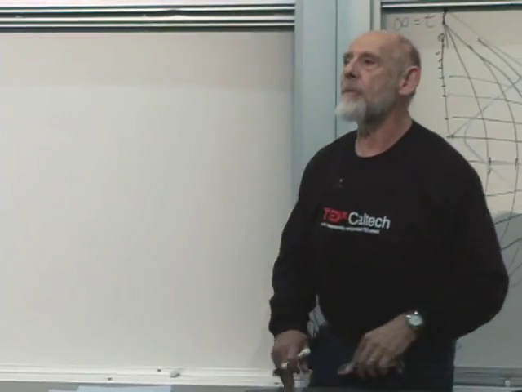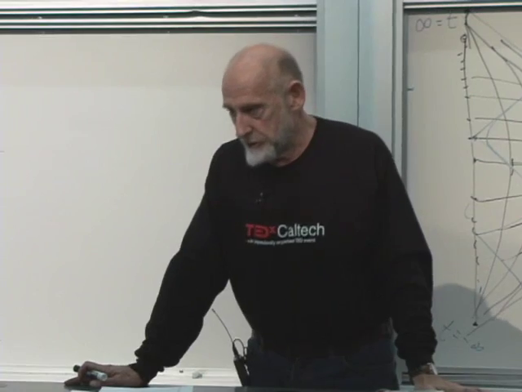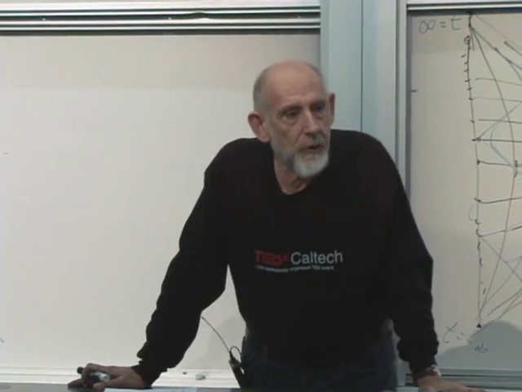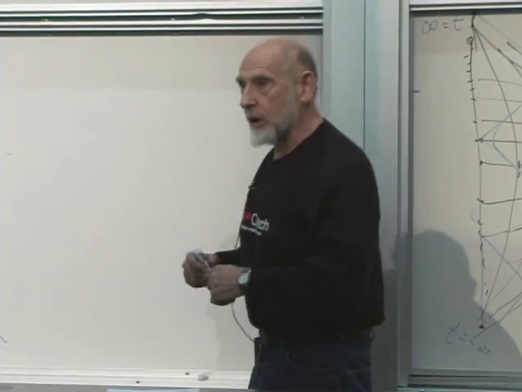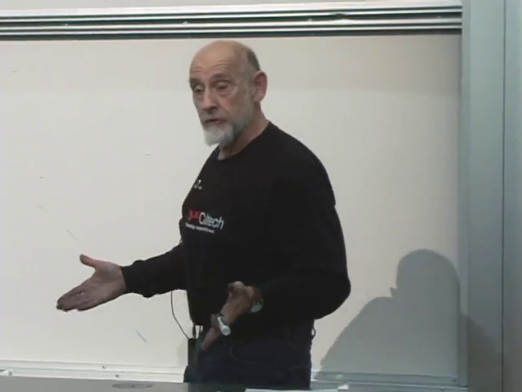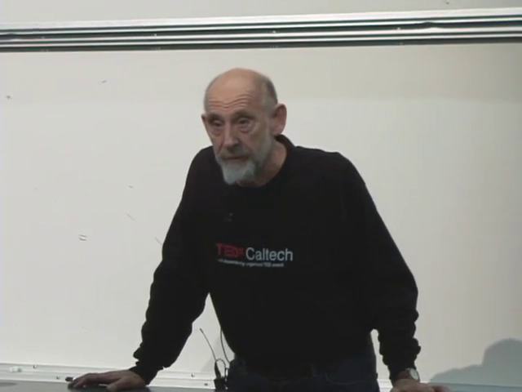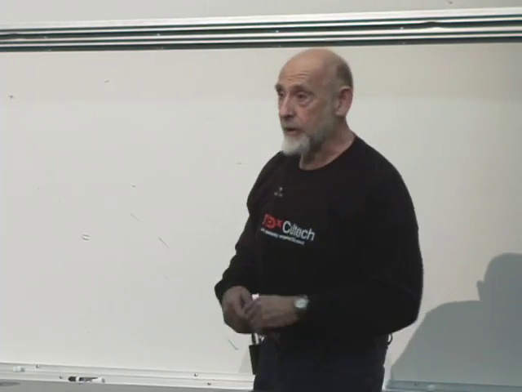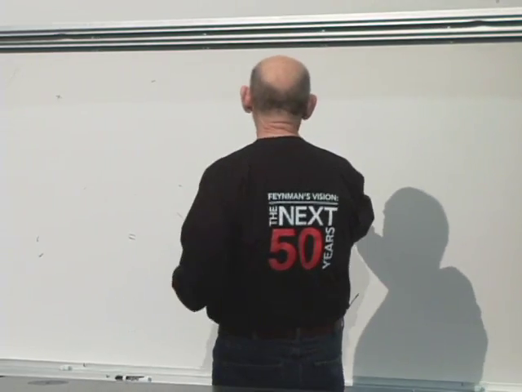Newton proved this. It's a theorem about 1 over r squared forces. 1 over r squared forces, such as the Coulomb force in electromagnetism or the Newtonian force of gravity, can be described by lines of force. I'll just remind you about lines of force. Here's your mass.